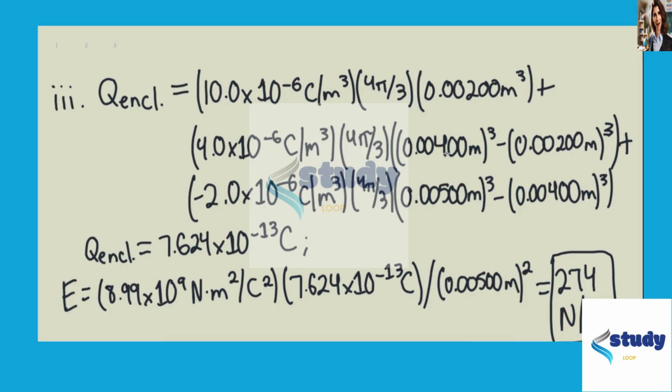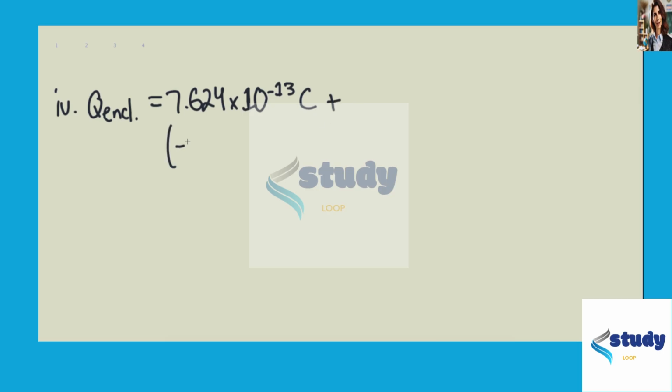And then finally, for part 4, the enclosed charge here is going to be equaling 7.624 times 10 to the negative 13th coulombs, so from part 3, plus negative 2.0 times 10 to the negative 6th coulombs per cubic meter.